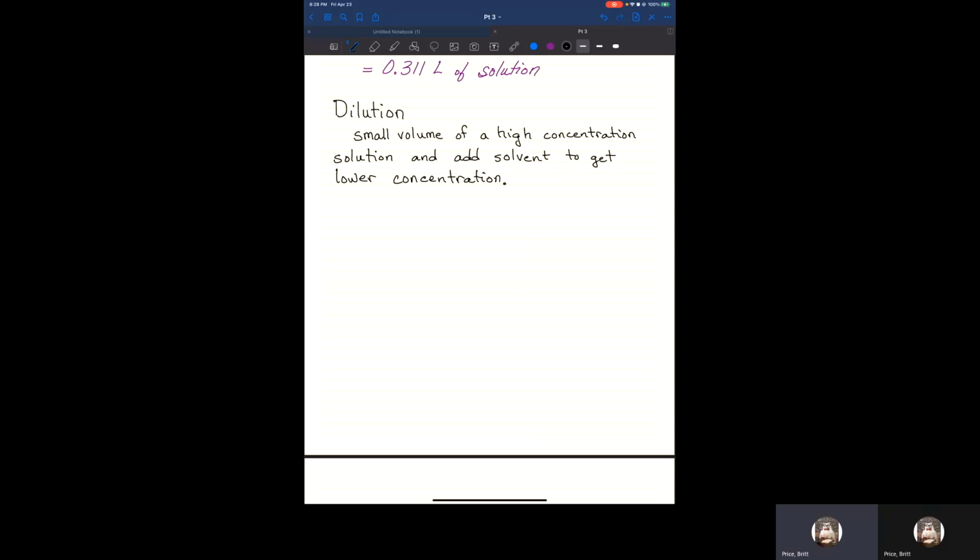The thing to remember when we do dilutions is that the number of moles remains constant.